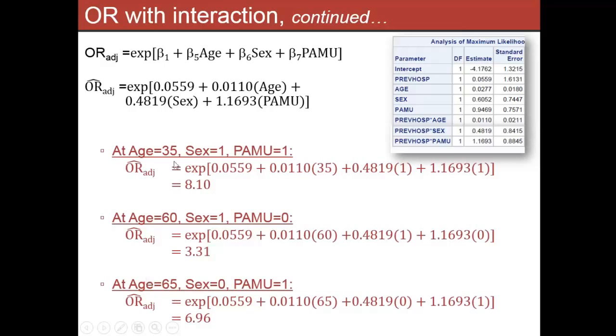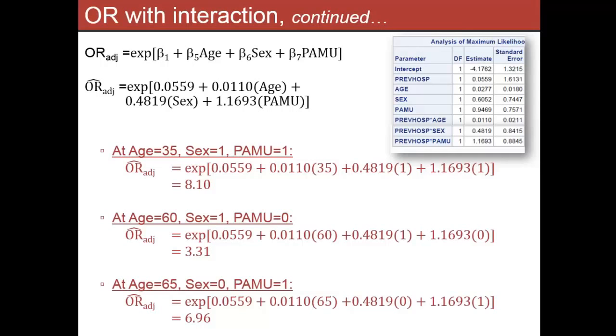Now, because we have continuous age, you can basically make an infinite number of odds ratios. If everything were binary variables, if this was age high, low, 1, 0, there would only be 8 combinations, and this would be easy. You'd have a contained set of things to report. In the situation where we have interactions with continuous variables, you're going to have to choose representative or meaningful numbers according to your situation.